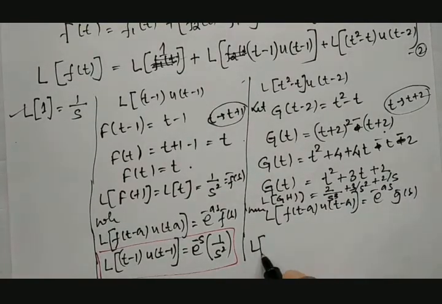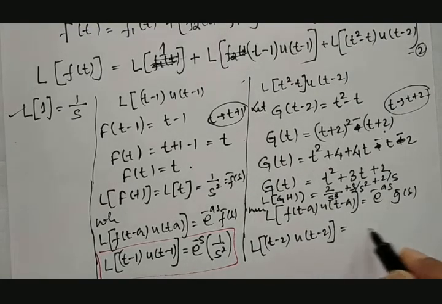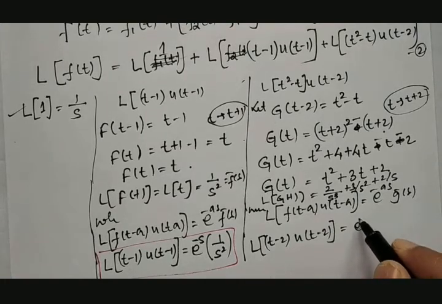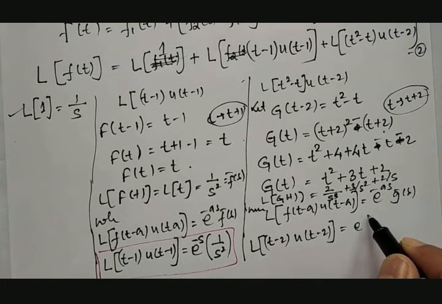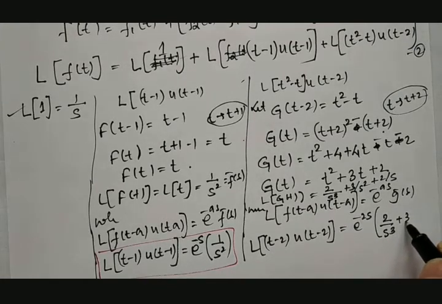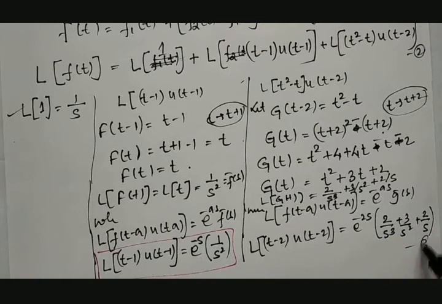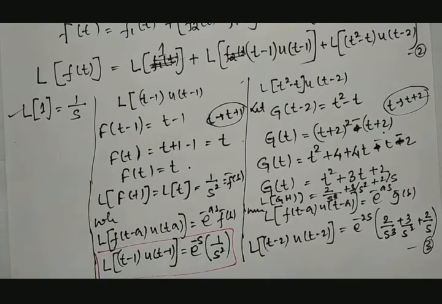Therefore, Laplace transformation of t minus 2 into u of t minus 2 is equal to e raised to minus 2s, here b is equal to 2, into 2 by s cube plus 3 by s square plus 2 by s.